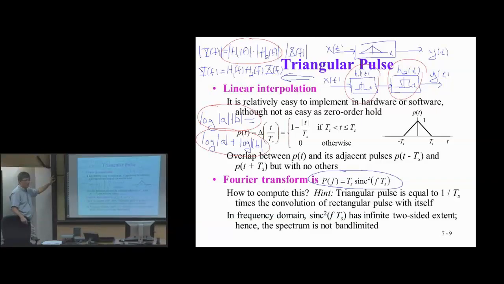What about the null bandwidth? I'm multiplying these two together in the Fourier domain. What happens to the null bandwidth? I hear 1 over 2 TS. Remember, this is just multiplication; there's no convolution in the Fourier domain. It's still 1 over TS, not squared.